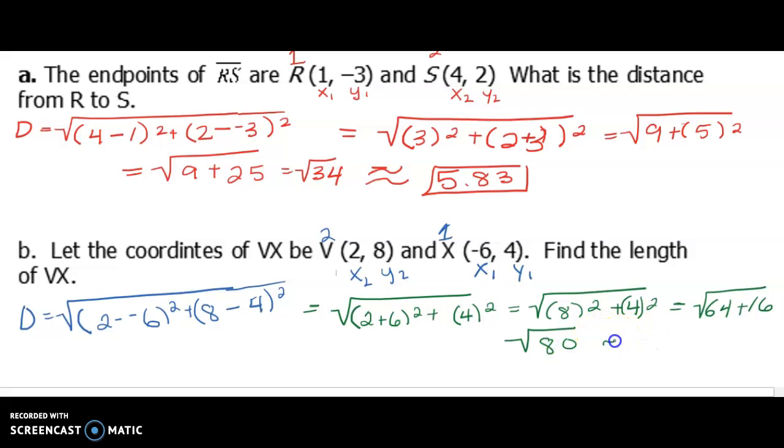And if you put the square root of 80 into your calculator, you get roughly 8.94. I forgot if I told you this or not, but you will not have to memorize the distance formula. I will provide it for you.